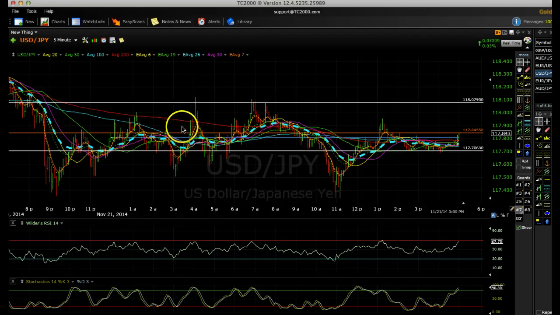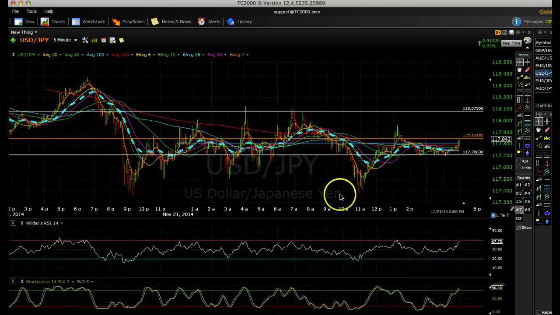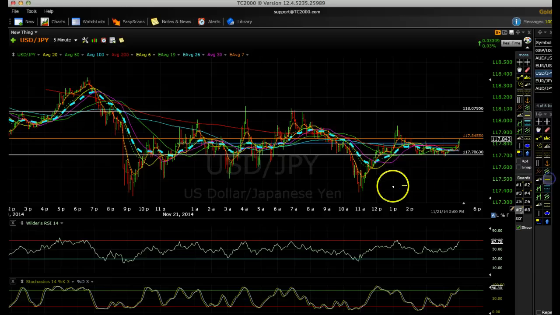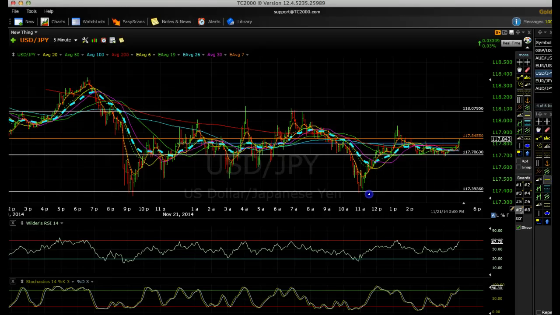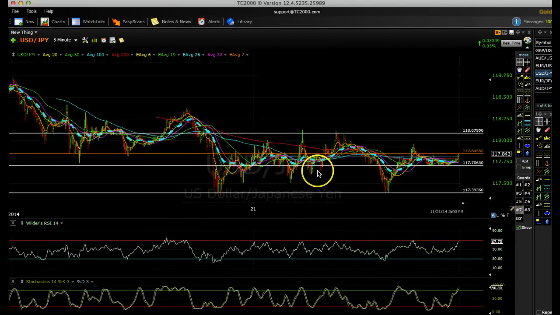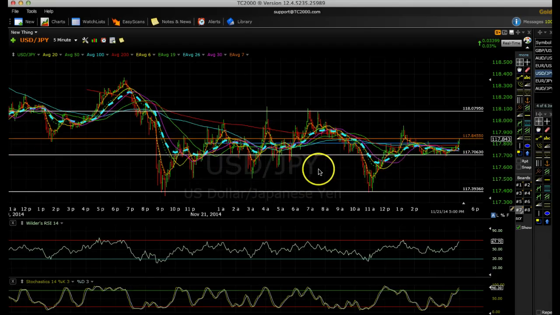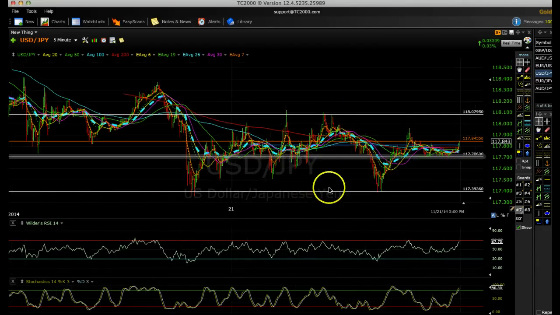Now here we really didn't get a far drop, but as you see here, we got a double bottom. So this to me would be a nice level to draw here. So you have a nice little channel between these three lines here, and actually we got another line here, but you have a nice little channel in between these lines.